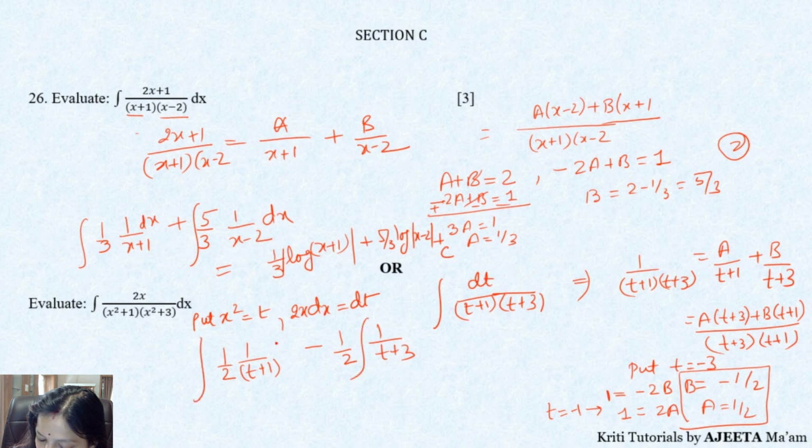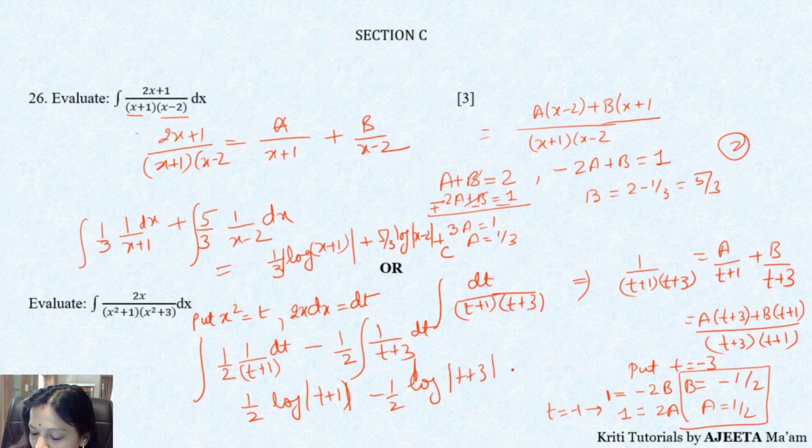Now you can integrate it both the sides. So 1 by 2 log t plus 1 and minus 1 by 2 log t plus 3. Right? Now this is what we get. Now we will resubstitute the values. That's it. This is your final answer.